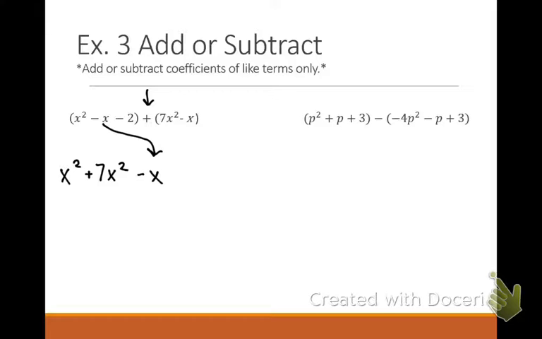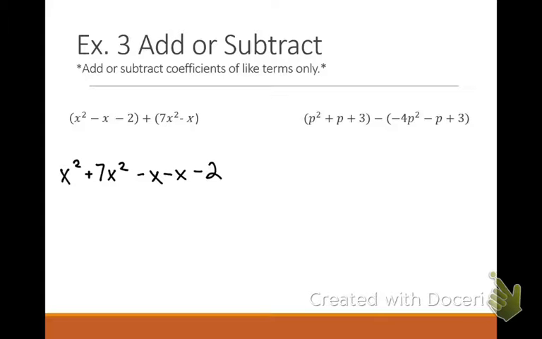Are there any other terms that only have an x? Do you see it? The other negative x at the end. All right. Am I missing any terms from the original problem? Yes, what? -2.